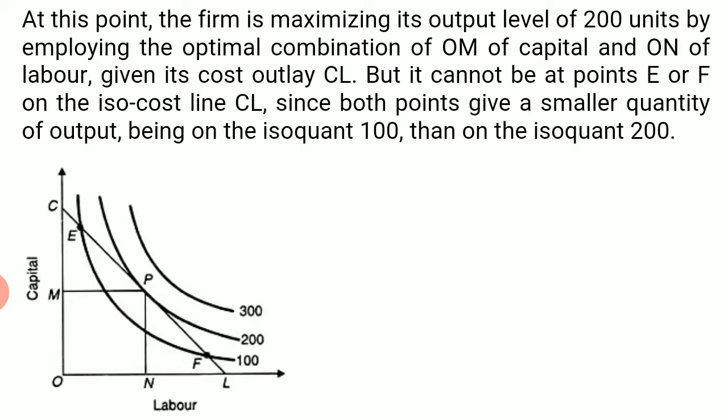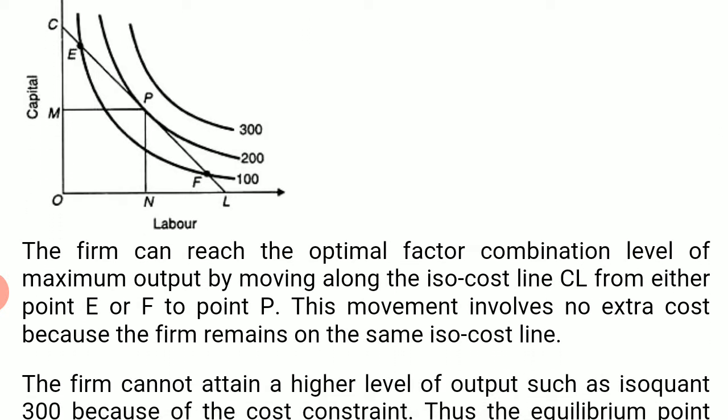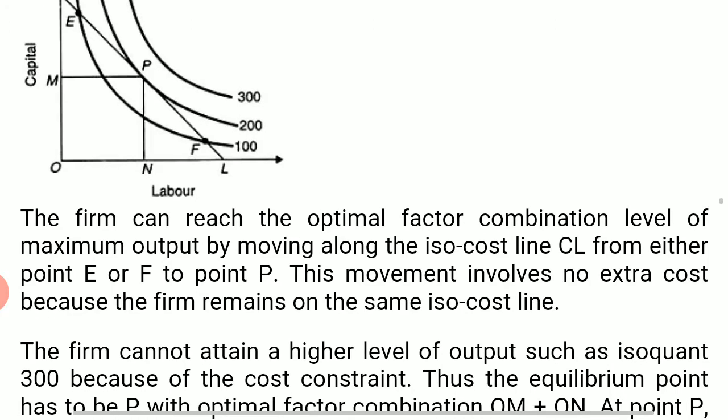But it cannot be at point E or F on the isocost line CL, since both points give a smaller quantity of output, being on the isoquant 100 rather than on the isoquant 200. The firm can reach the optimal factor combination level of maximum output by moving along the isocost line CL from either point E or point F to point P. This movement involves no extra cost because the firm remains on the same isocost line.